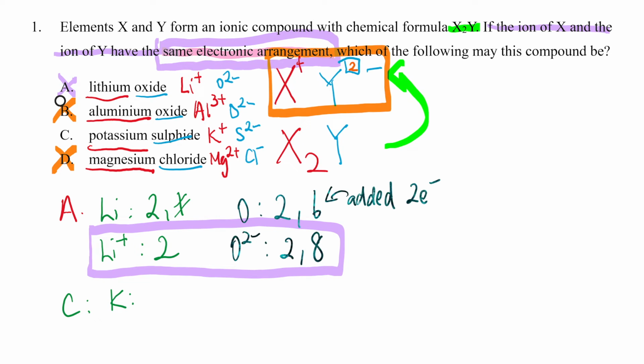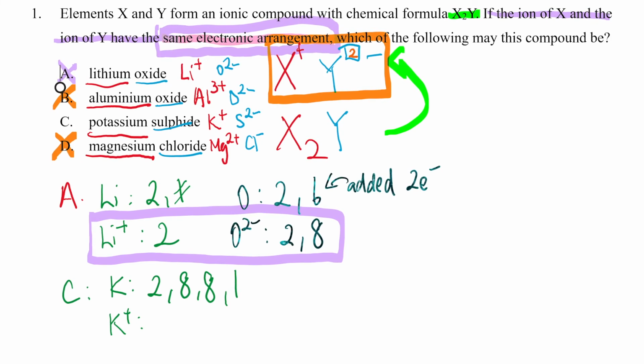Potassium is 2,8,1. Is that 2,8,1? No, that's sodium. So it's 2,8,8,1. So the potassium ion would be 2,8,8, because I removed one electron. On the other hand, sulfur originally is 2,8,6.